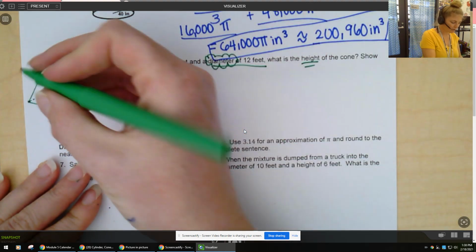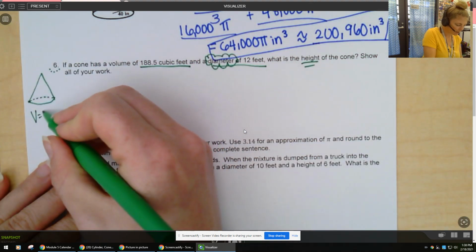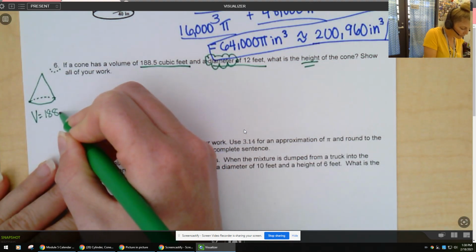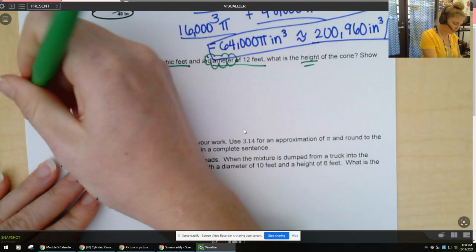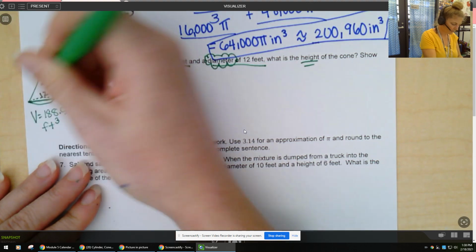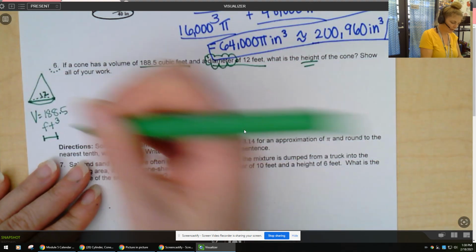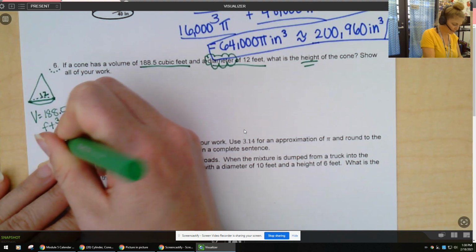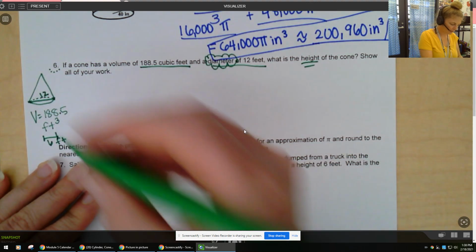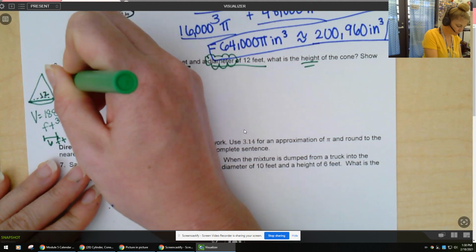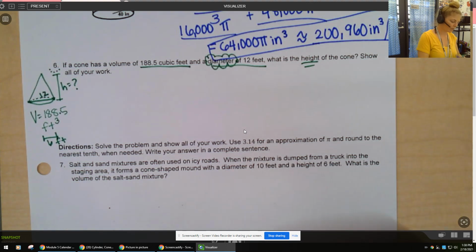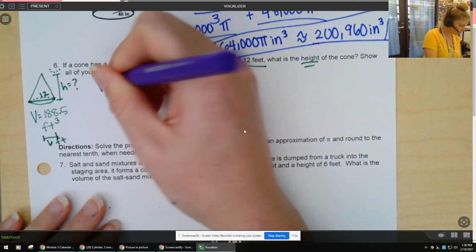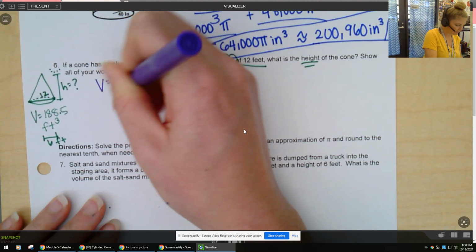From here, I know the volume is 188.5 cubic feet or feet cubed, and I have a diameter of 12, which means I have a radius of 6 feet. Okay, and I don't know what the height is. Well, we have a couple of options. So from here, we could use our equation for the volume of a cone, which is volume is pi r squared h divided by 3.